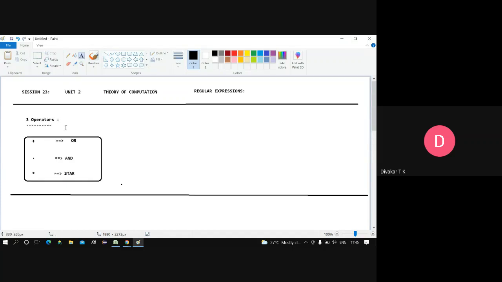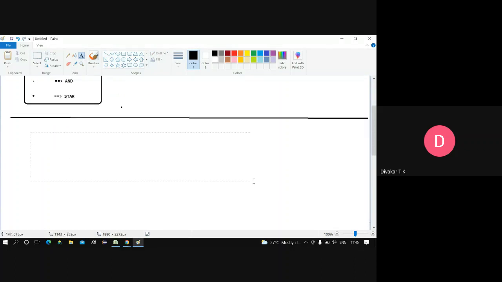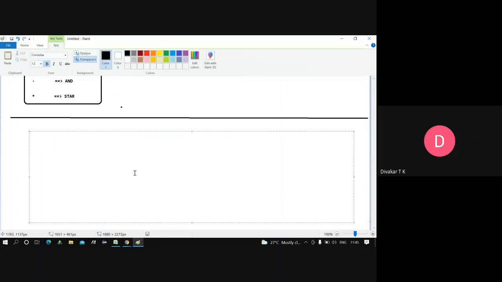Once we understood these 3 operators, we shall move on. What are the things we should try to understand here? Type number 16, I guess.